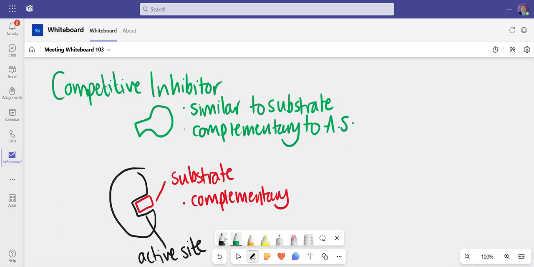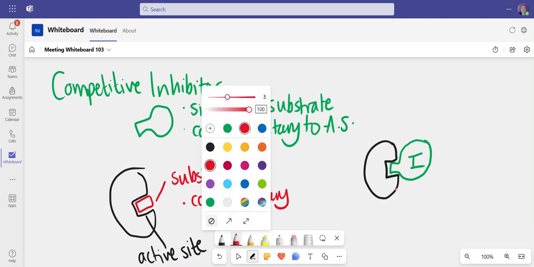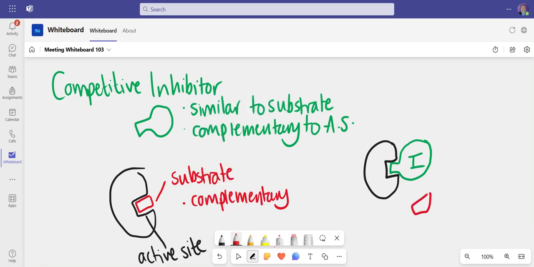So rather than the substrate binding to the active site, the inhibitor can sometimes bind to the active site. This is my inhibitor binding to the active site. And you can see then that the substrate can't bind to the active site. They're competing for the active site.